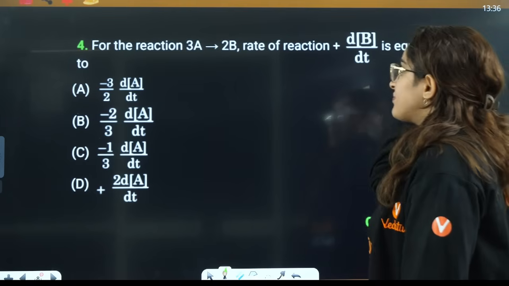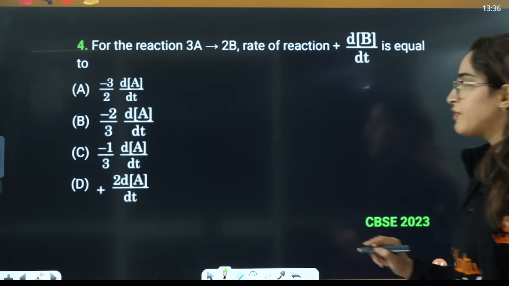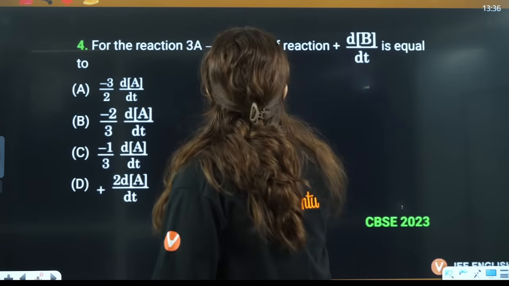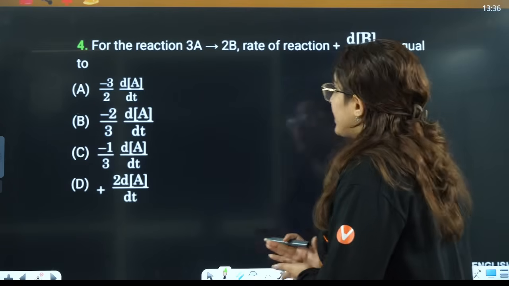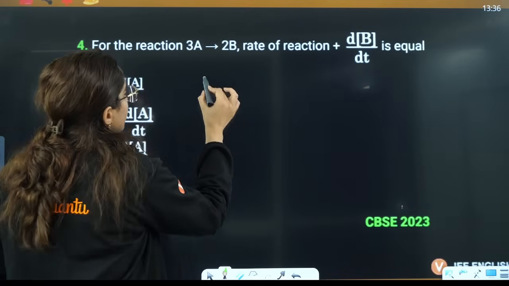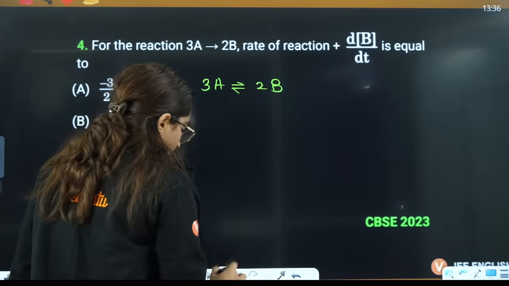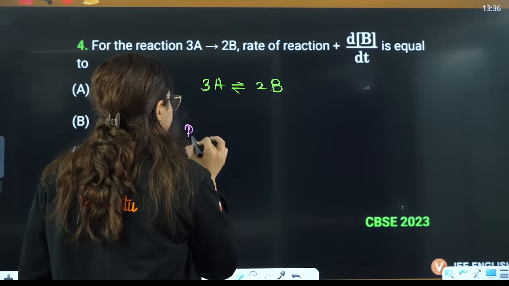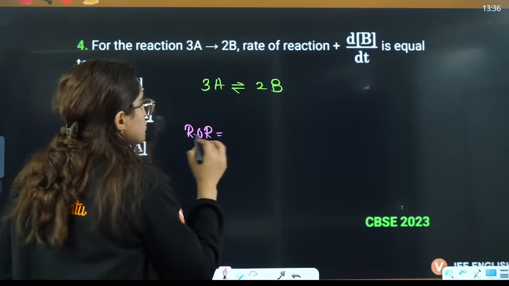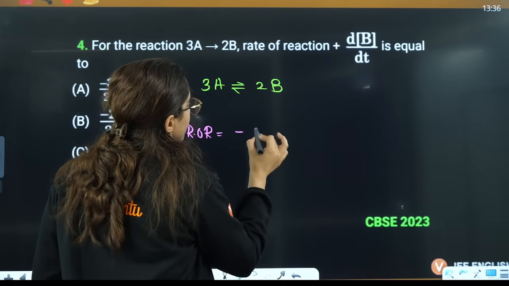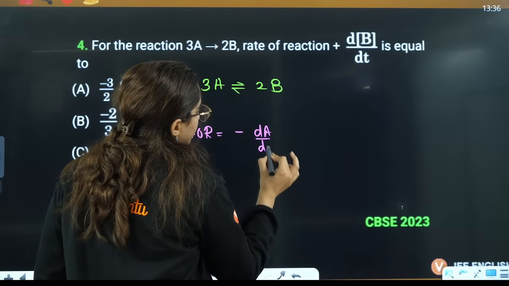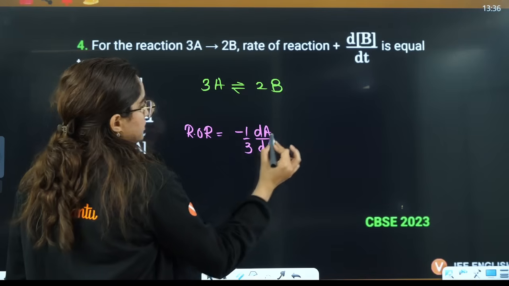So let's see the next question, 2023 again, for the reaction given, the rate of reaction is what? Rate of reaction equals minus dA by dt divided by its stoichiometry, that is 3.